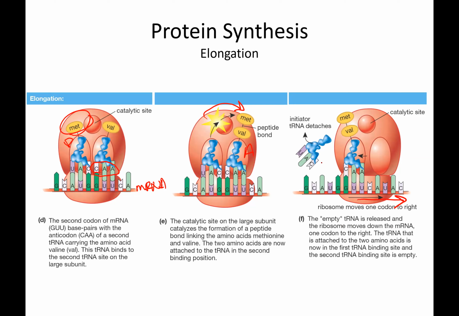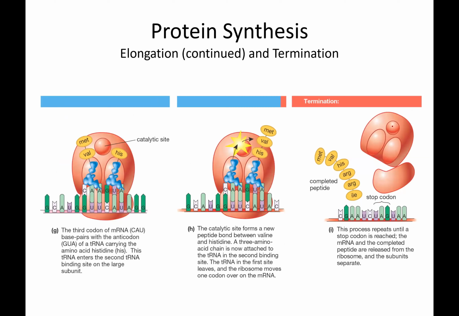The tRNA that has already transferred its amino acid leaves, and the tRNA with the 2 amino acids shifts over to the P site, which leaves the A site empty again. By doing that, you make it available for the next tRNA to come in with the correct anticodon. It binds to the mRNA.